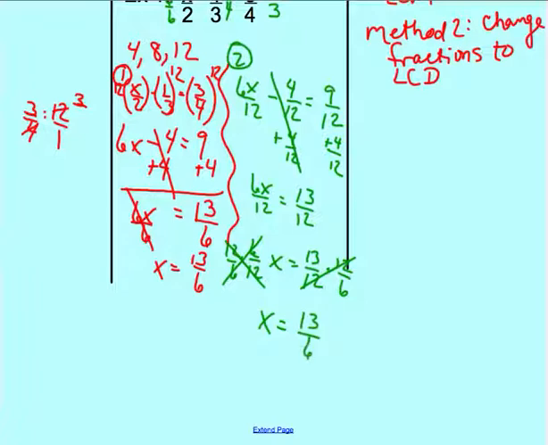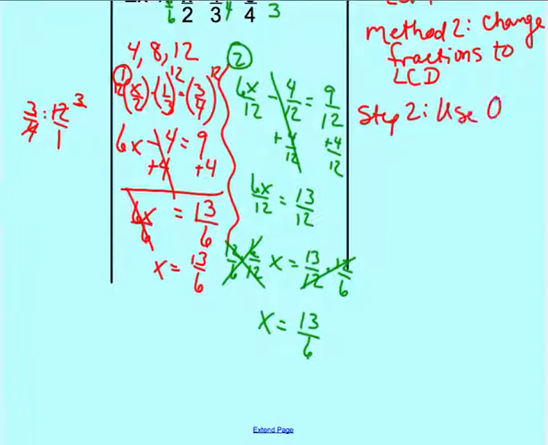Now I'm hoping that you will see method 1 is a bit easier than method 2 because you get rid of the fractions in the first step instead of keeping them all the way through. But again, they're both legitimate methods for solving an equation, and if you like method 2, great, go for it. I just need to finish filling in the steps over here. And these are the same steps we've seen for solving equations.